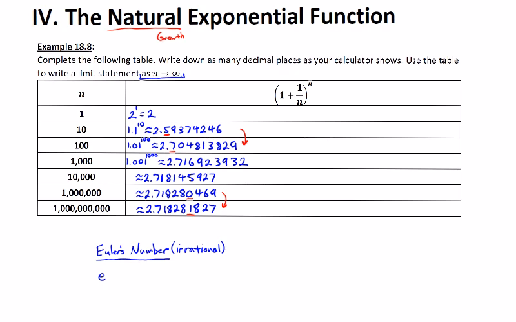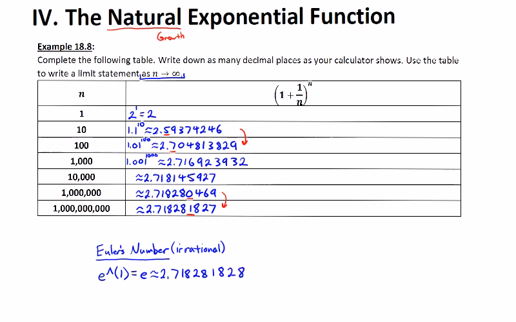On your calculator, you should have a button that is e. And for a lot of calculators, it's going to be e raised to the something. And so to simulate e, you're going to have to input a 1 for the exponent. That way you're just going to get e to the first power, which is e. And my calculator says that e is going to be approximately 2.718281828.